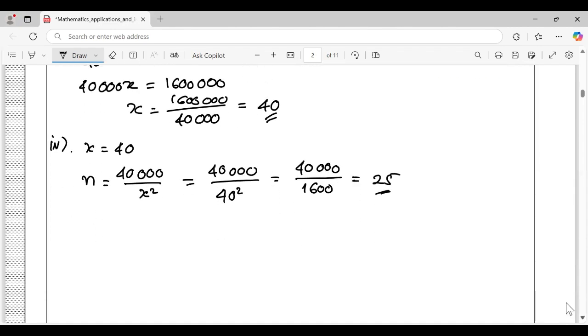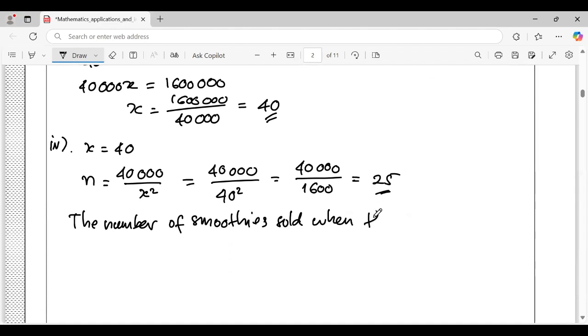So we can state that the number of smoothies sold when the profit is maximized is 25 smoothies.